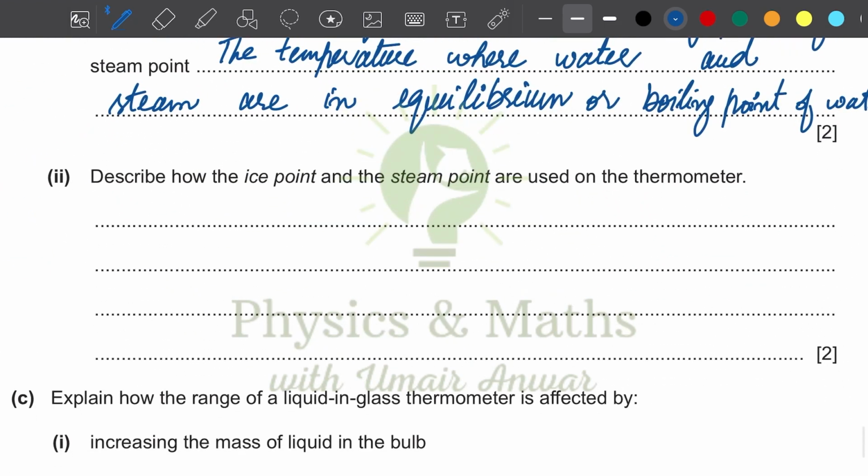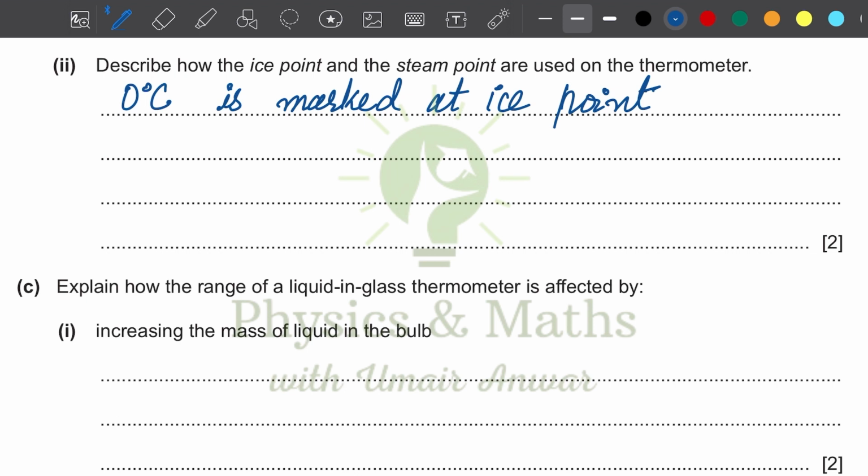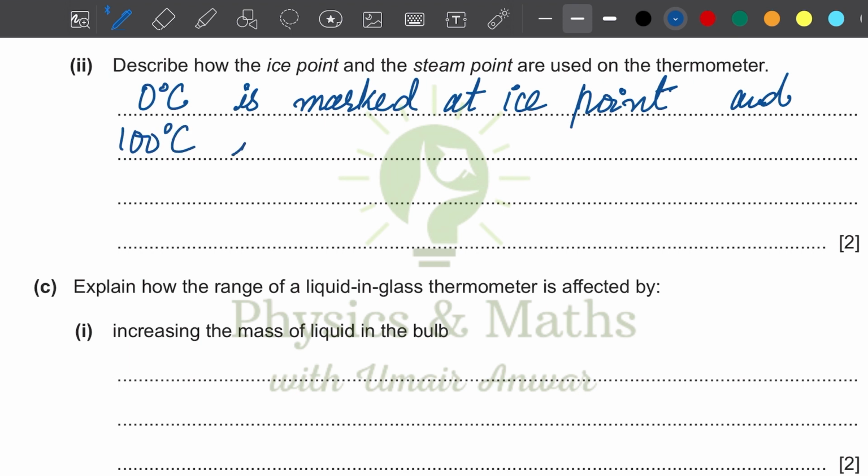The next part says describe how the ice point and steam point are used on the thermometer. A 0 degree centigrade is marked at ice point, the level of liquid which is shown when the thermometer is dipped into a mixture of ice and water that is melting, and 100 degree centigrade is marked at steam point when the water has started to boil.